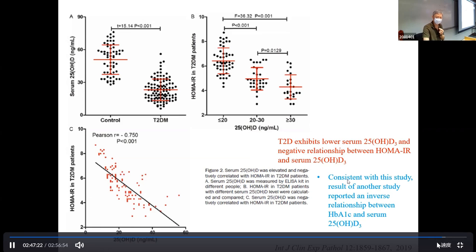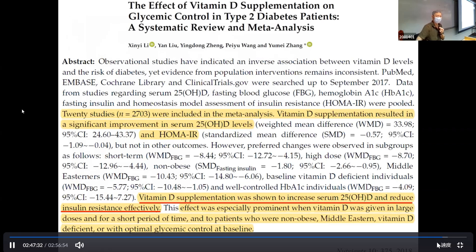Consistent with this study, results from another study report an inverse relationship between HbA1c and serum 25-hydroxy D. So it's consistent with the previous data. Next, the effect of vitamin D supplementation on glycemic control in type 2 diabetic subjects, a meta-analysis.